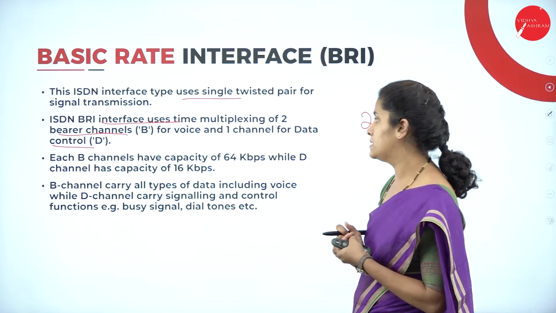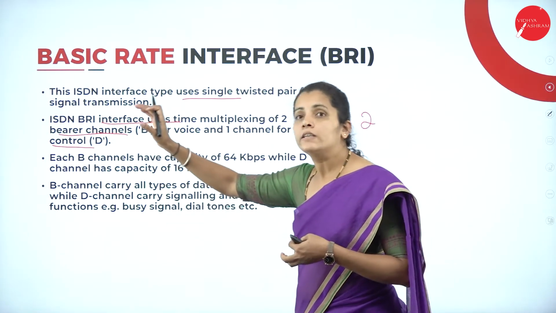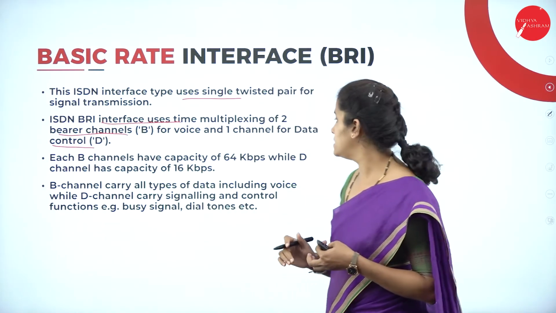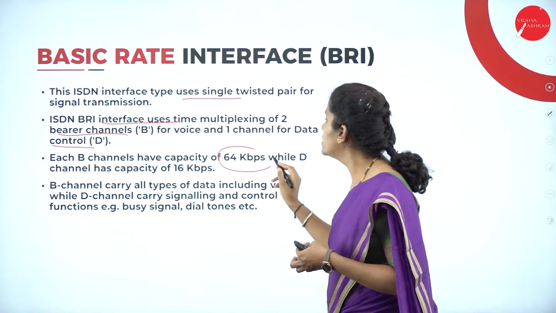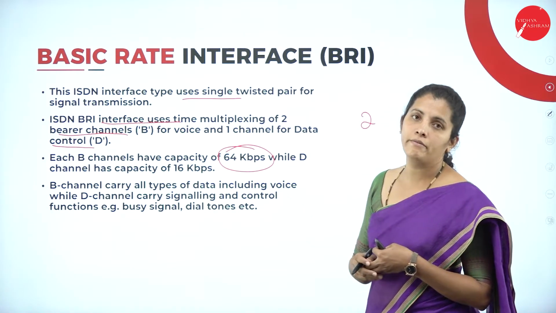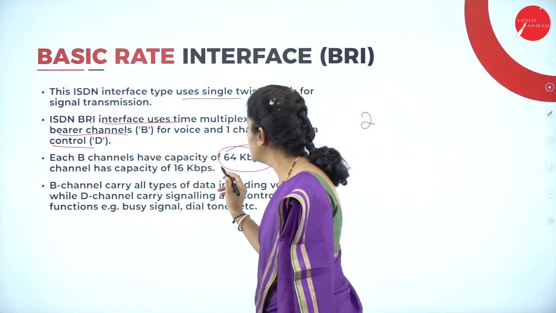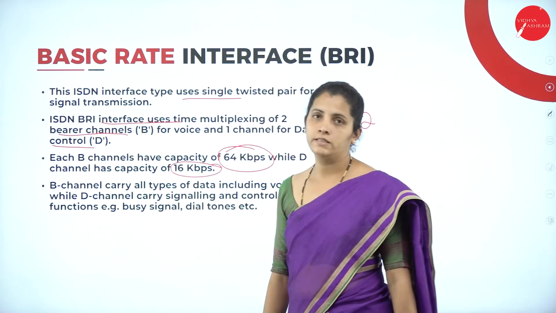Here the B channel capacity is 64 kilobits per second, whereas the D channel capacity is 16 kilobits per second.